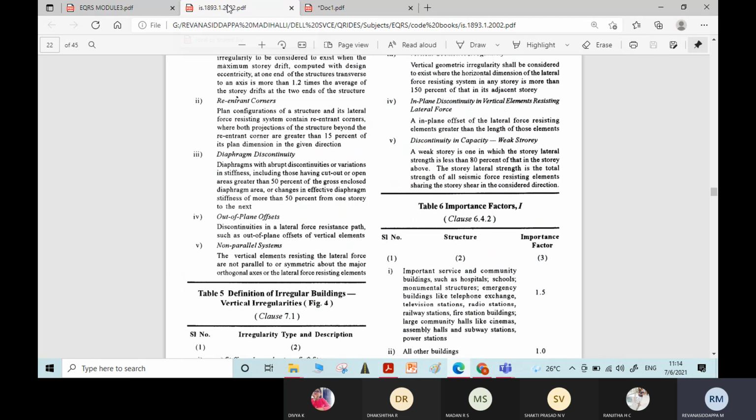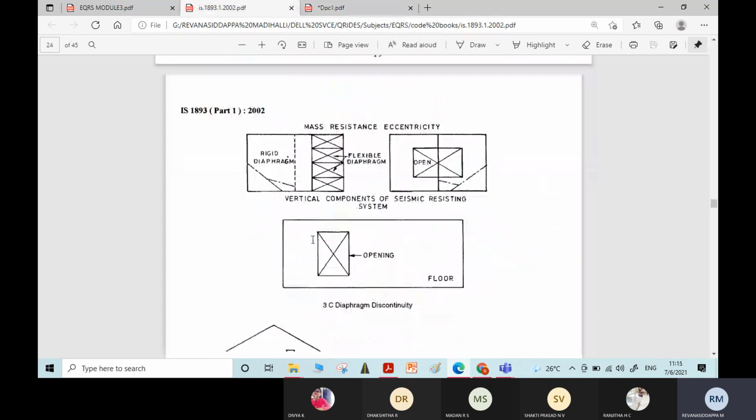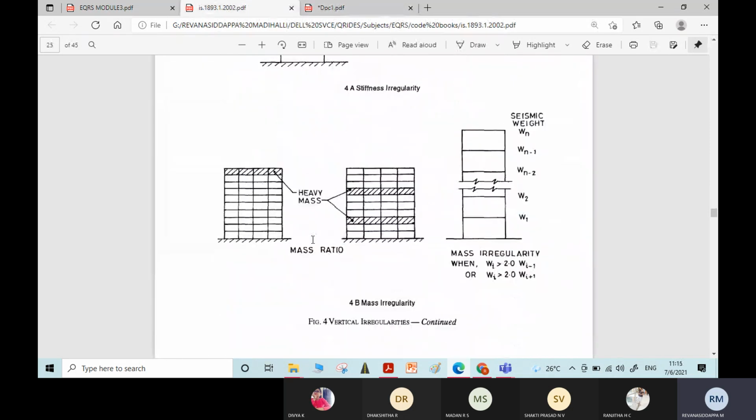I think the relevant figures are given below. Yes, here you can see the mass of one particular floor is considered. If the mass of the upper lying floor or the underlying floor is more than two times the mass of this particular floor, then it is called a mass irregularity.